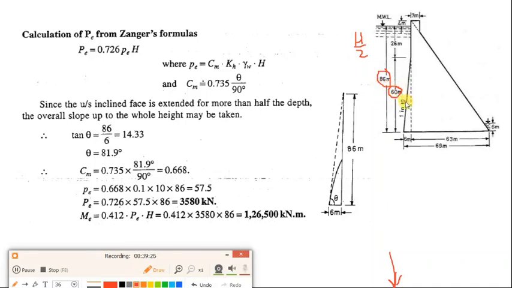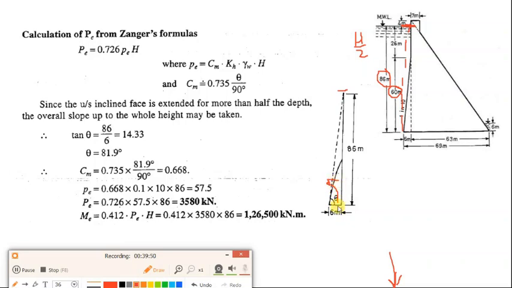So we have to join this heel with the intersection of the still water level with the upstream face, and then calculate the angle.